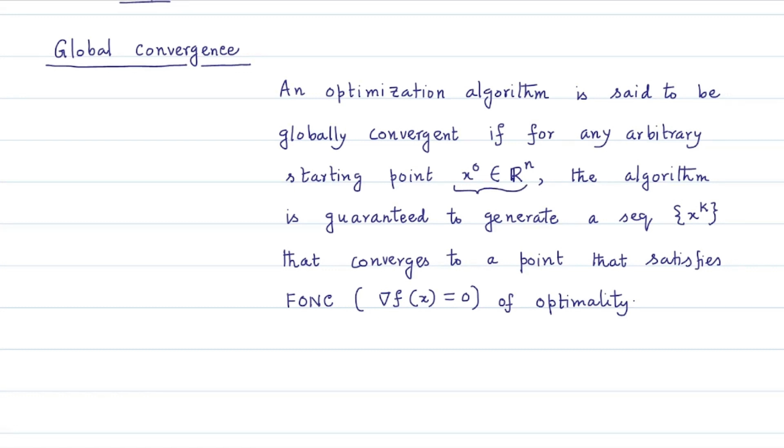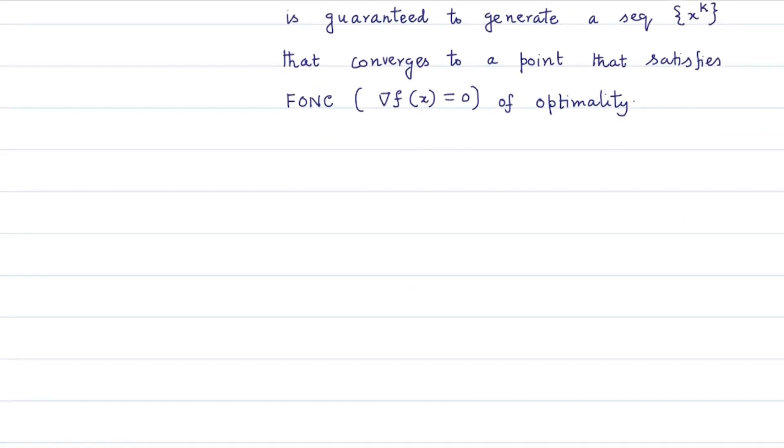By local convergence, we mean that this entire phenomenon is true when x naught is chosen from a sufficiently close neighborhood of an optimum point of the function f. We write this local convergence as follows.